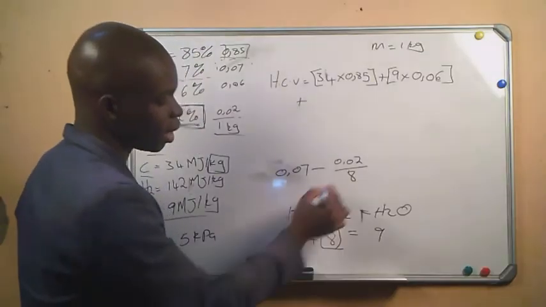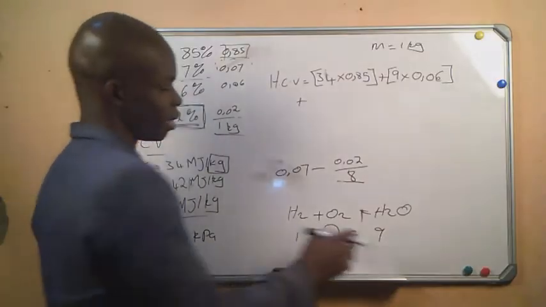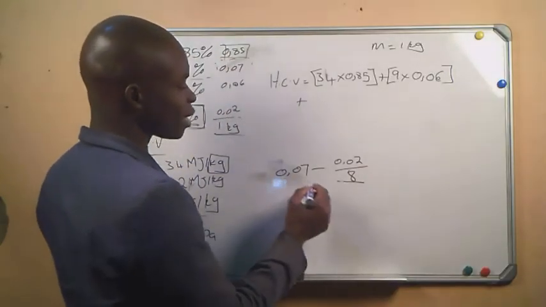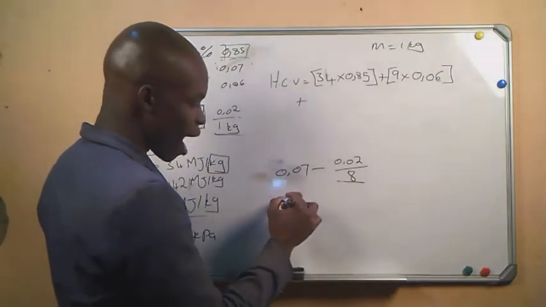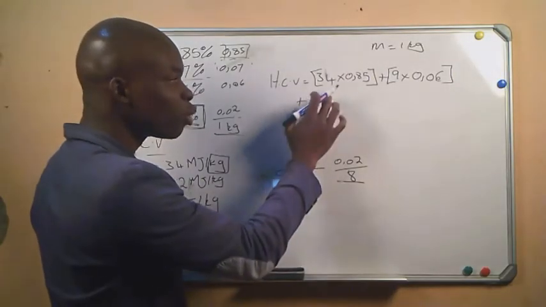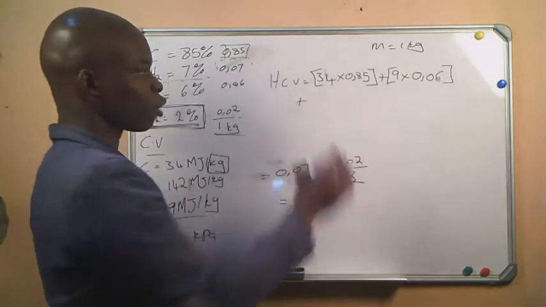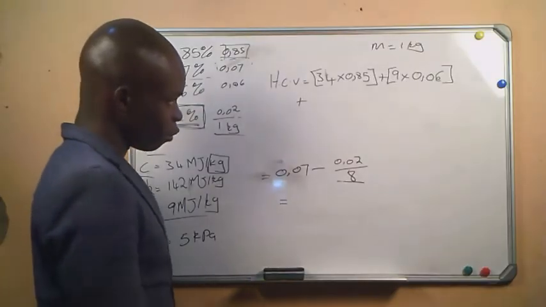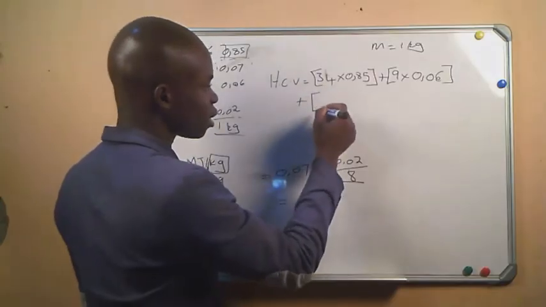So this is the 8 that we divide by here, and then we will get the amount of hydrogen that we will use in calculating for our high calorific value of the fuel. And then let me just write it like this.